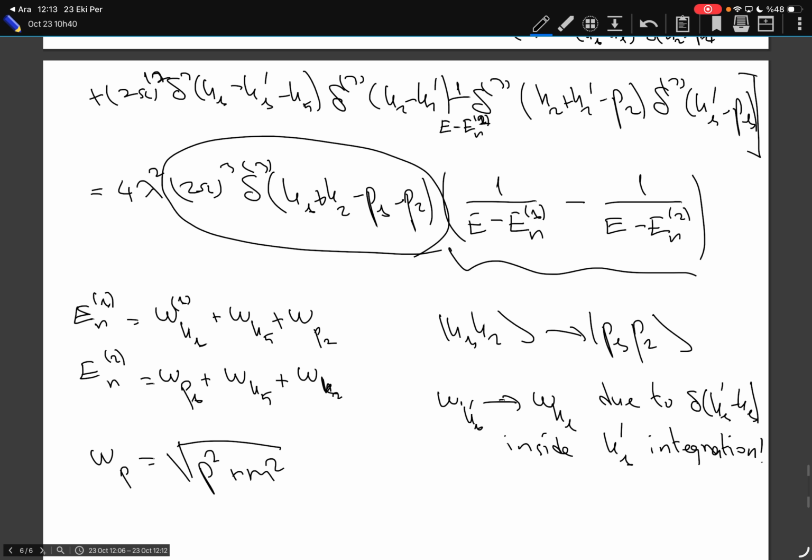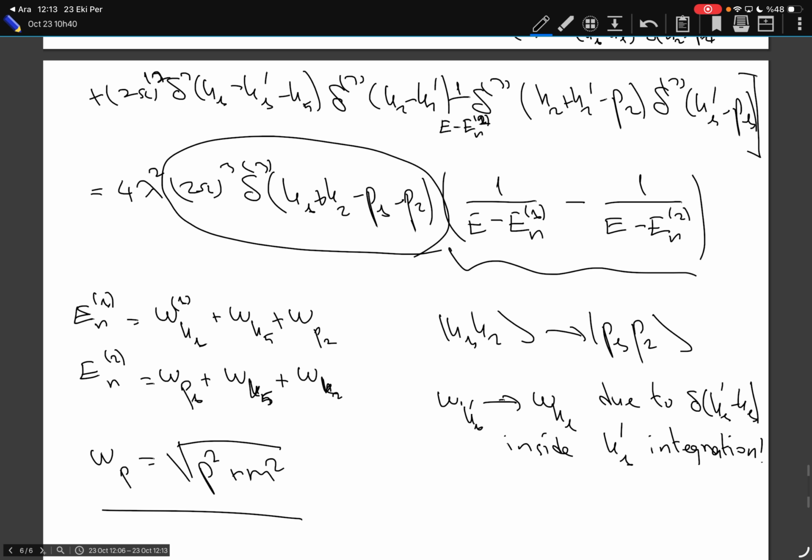And by the way, they are all positive. There are no negative energies. Omega is something we define to be positive. We put the possible negative signs in all other places. Everything is so-called on shell.